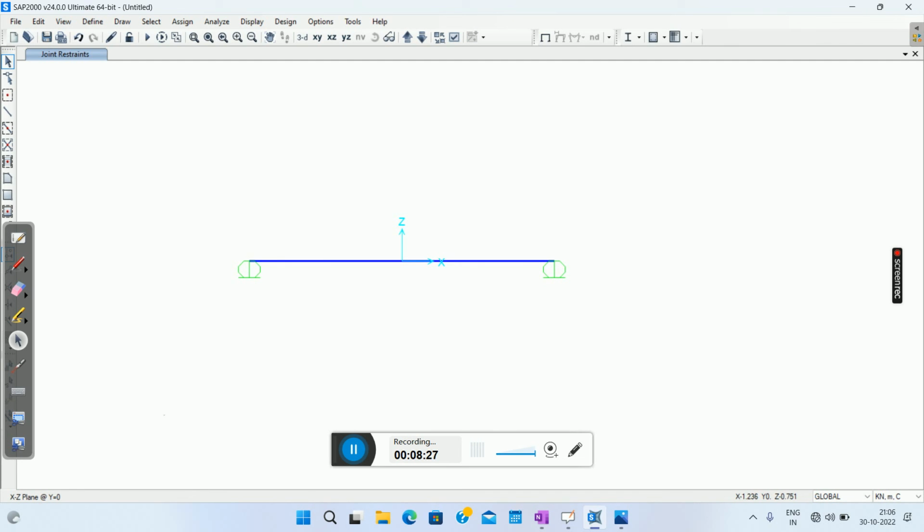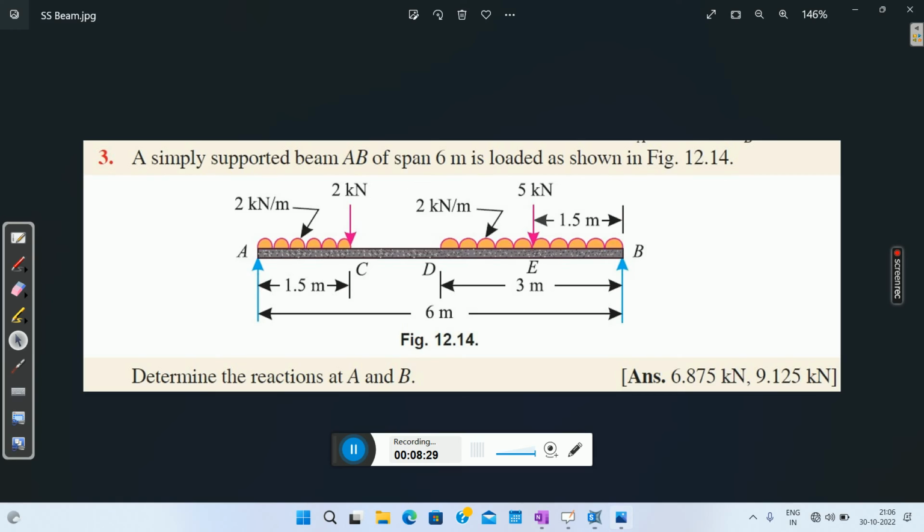Next, load. It has point loads as well as UDL. First we will assign the point loads. First point load is 2 kilonewton at a distance of 1.5 meters.